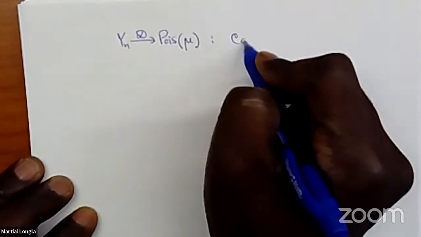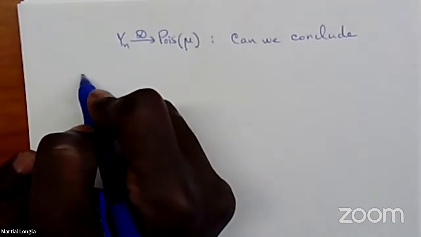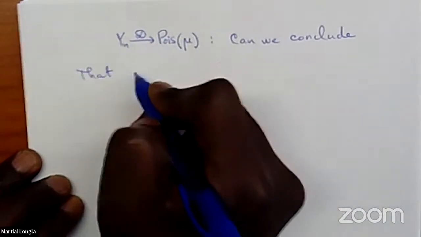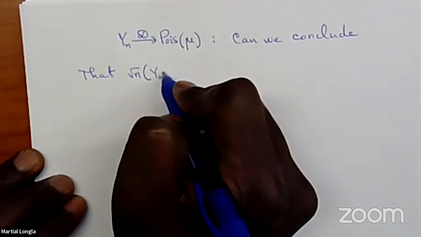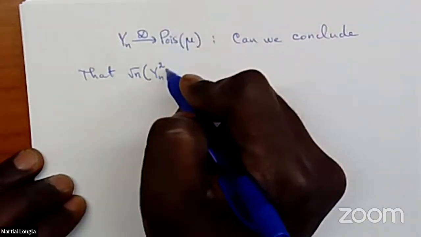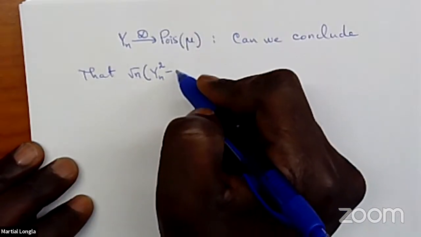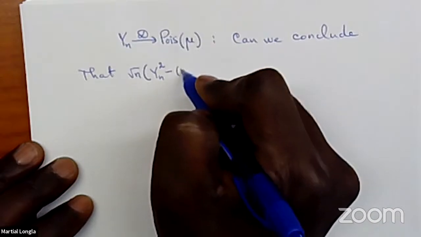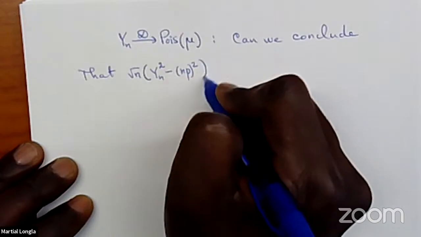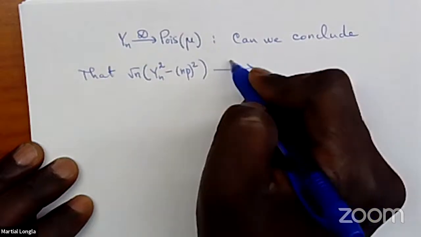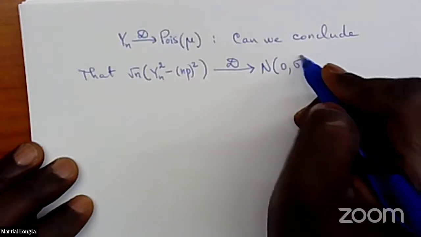And my question is, can we conclude that square root of n times (Yn squared minus n squared) converges in distribution to normal with 0 and sigma squared?